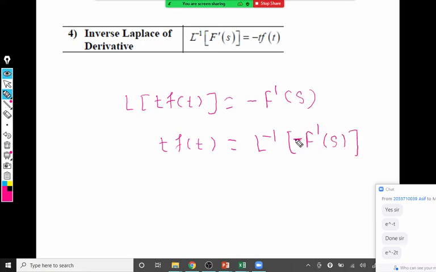But this L inverse is a linear operator, so this minus sign can be taken out and given to the RHS, and we get this property. So you'll observe L inverse of F dash is minus t into f of t. And this is one of the most important properties, because many questions and many inverse Laplaces are possible with this property.